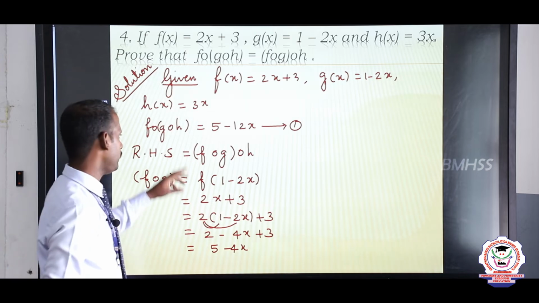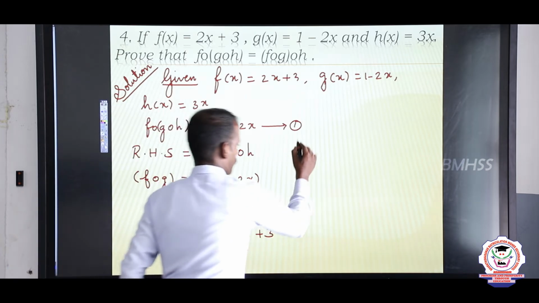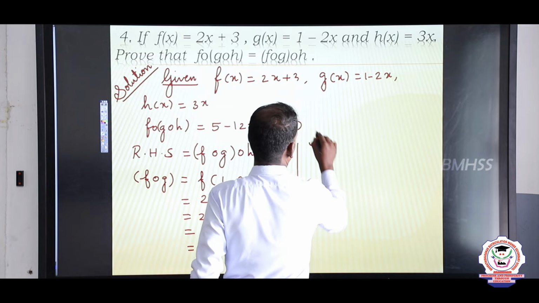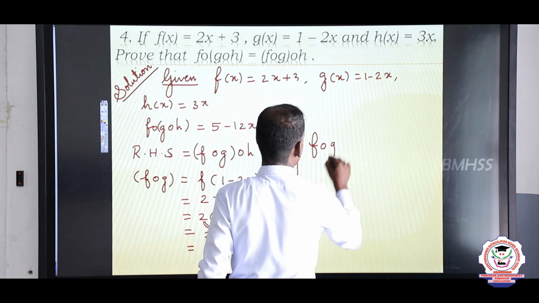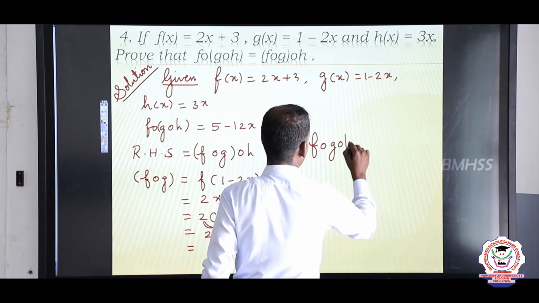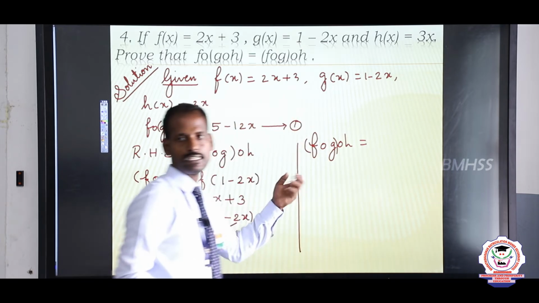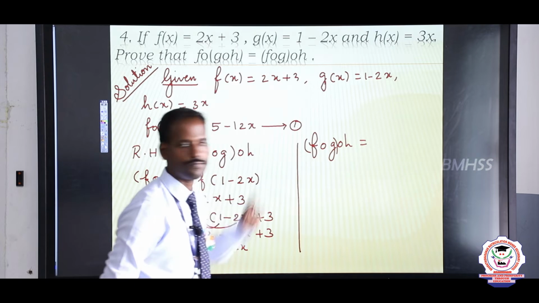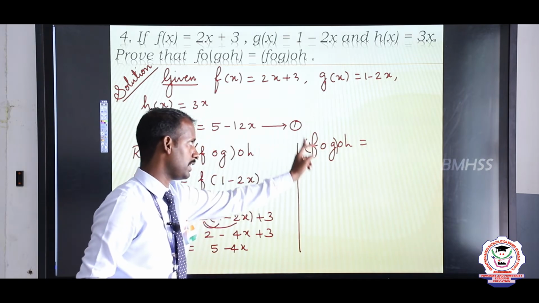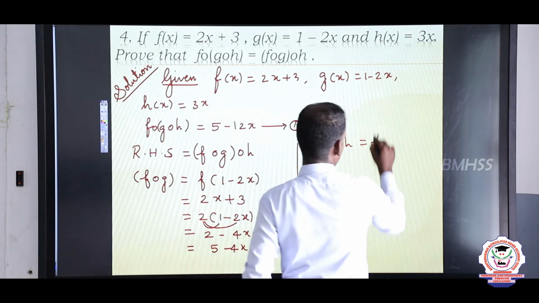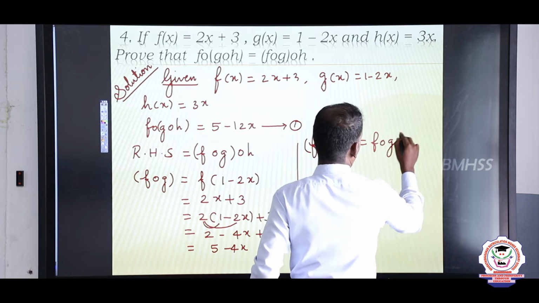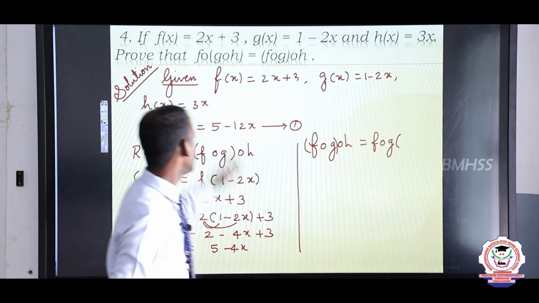Then you have to find (f∘g)∘h. Here you have to substitute the function h of x in the f∘g. So what is the function h of x? 3x.